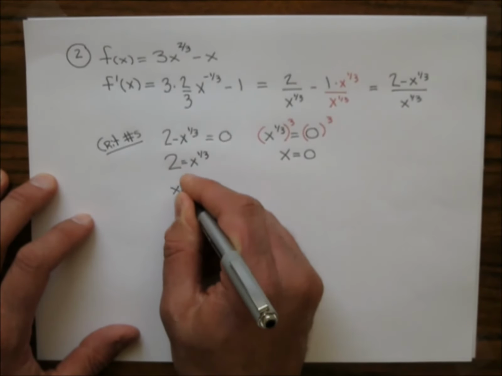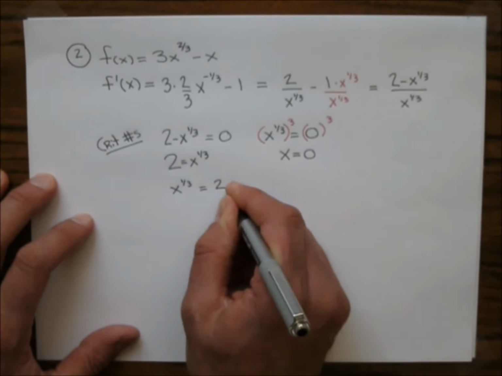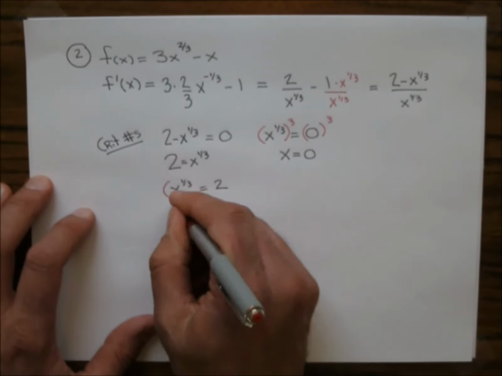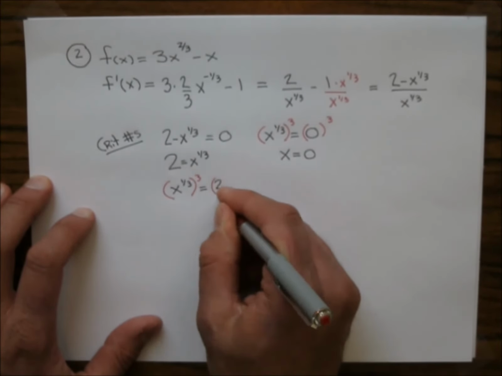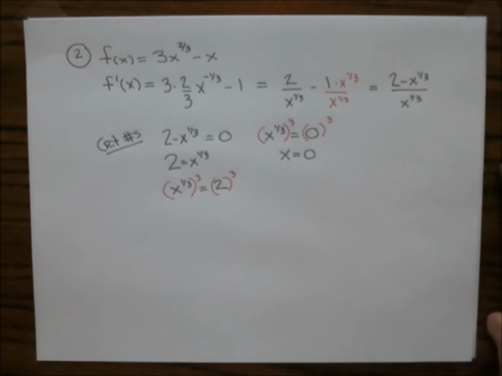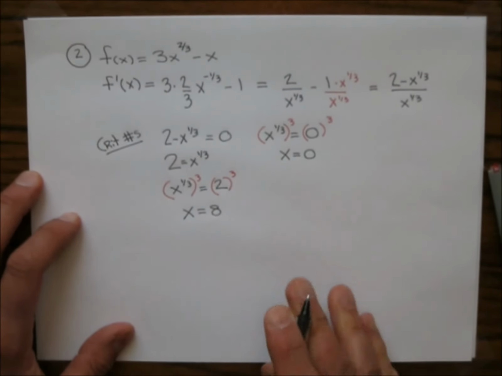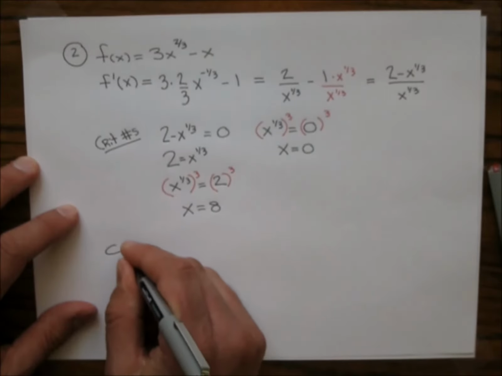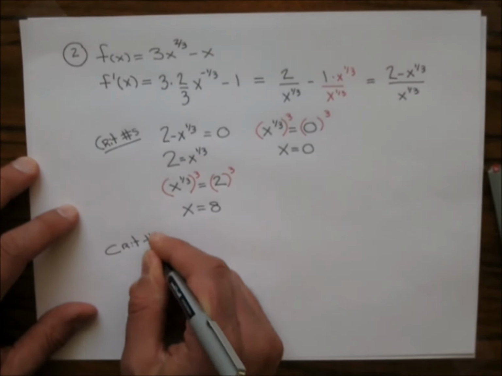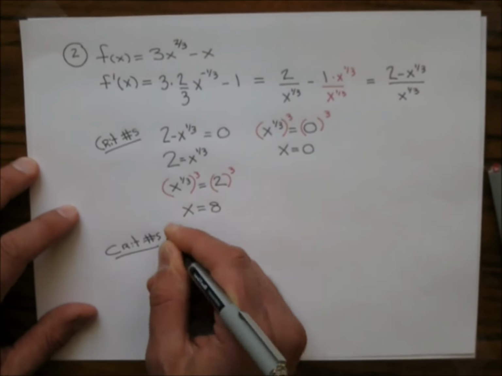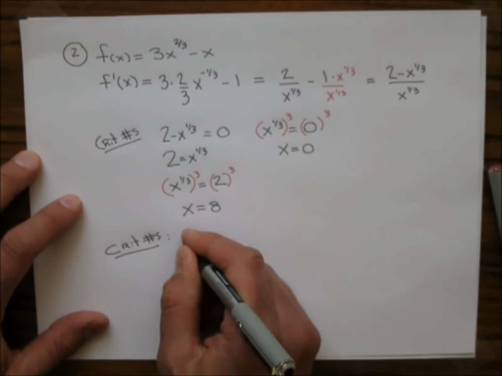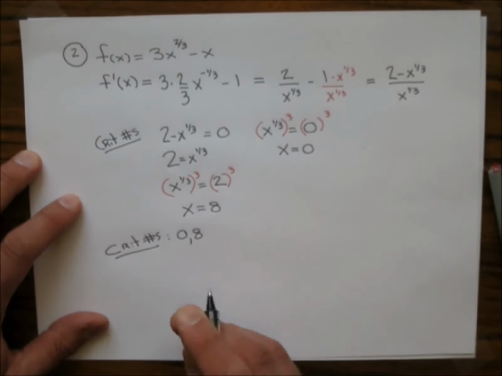So I have x to the 1/3 equals 2. I'm going to cube both sides, and I end up getting x equals 8. So my critical numbers, I know I wrote that 2 times, would be 0 and 8.